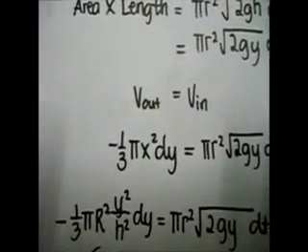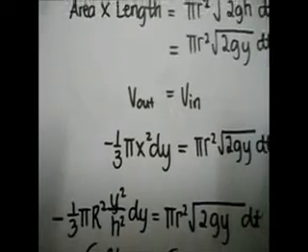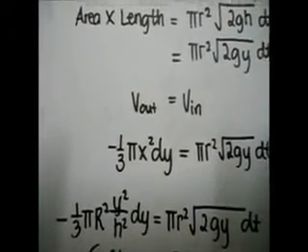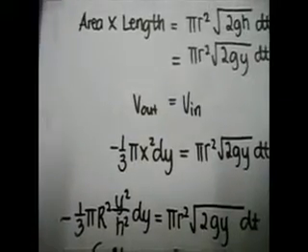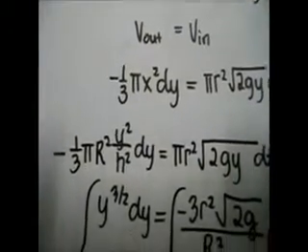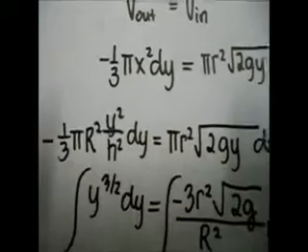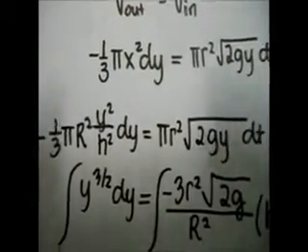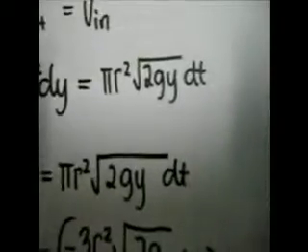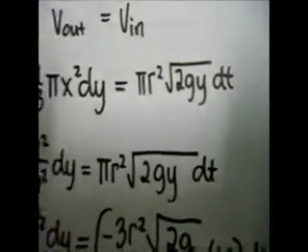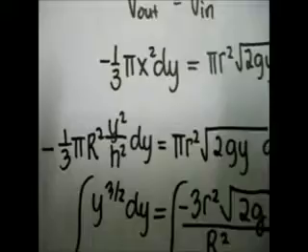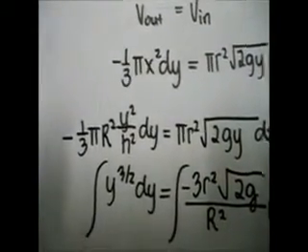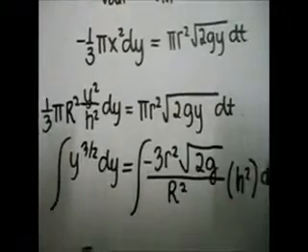So we combine like terms to have a simpler integration for the next process. That is why we have y to the 3/2, because we have this square root of y transposed to the other side, and the constants to the right side.